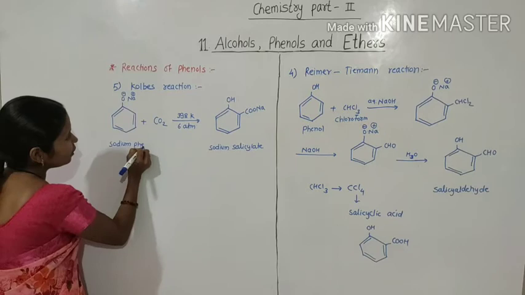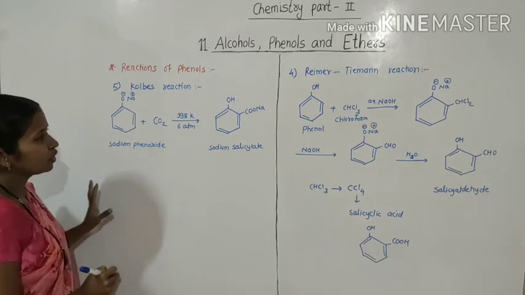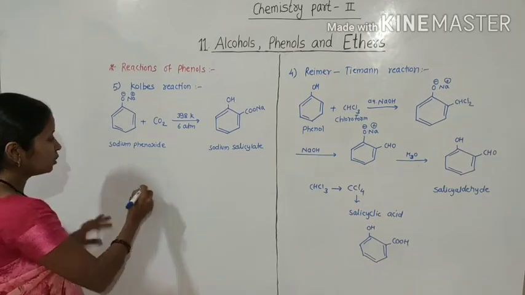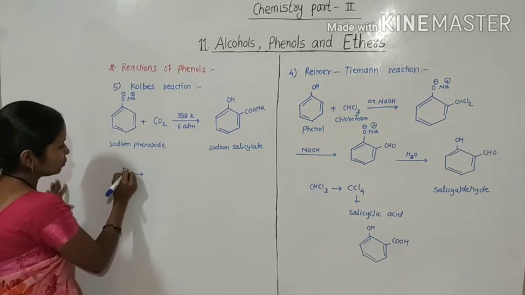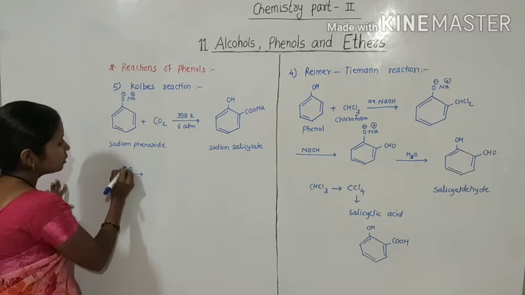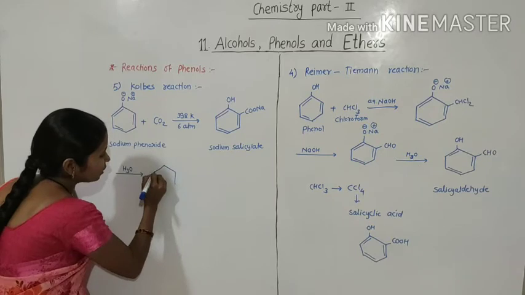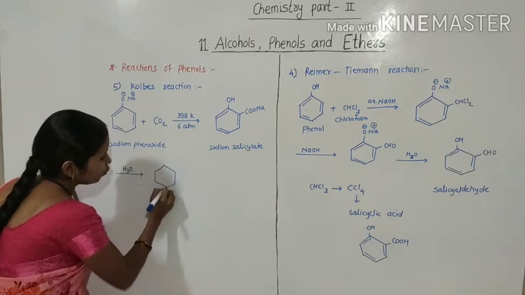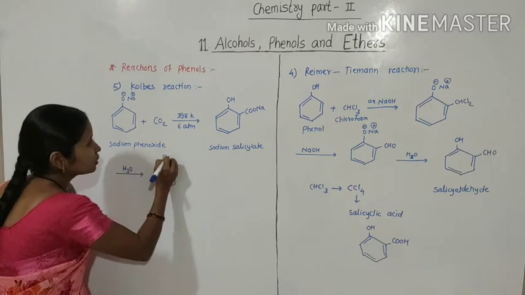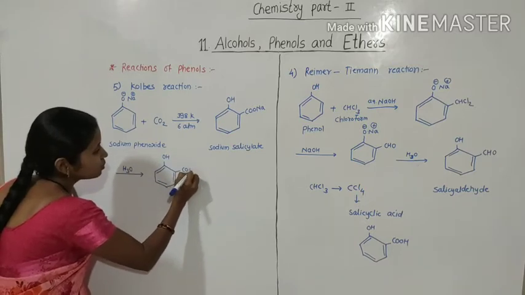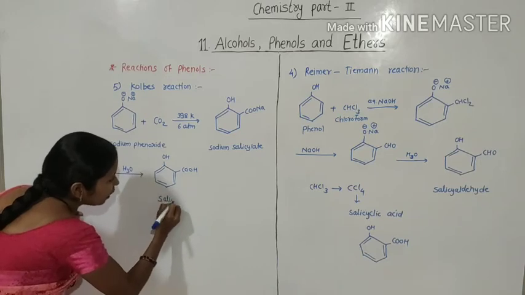Sodium phenoxide treated with carbon dioxide forms sodium salicylate, which on acid hydrolysis forms salicylic acid. Let's see the structure, COOH, salicylic acid.